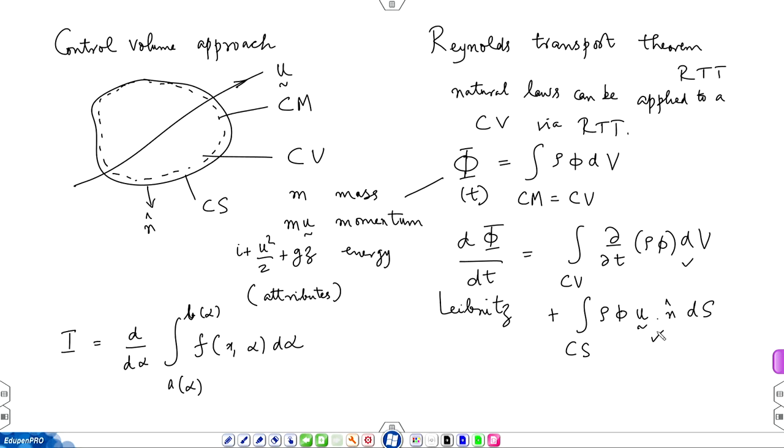Okay. So, this is a generalized application of Leibniz rule. Now, in the book they give you a detailed stepwise definition. So, we will revisit the derivation, but look at the implications of Reynolds transport theorem first.